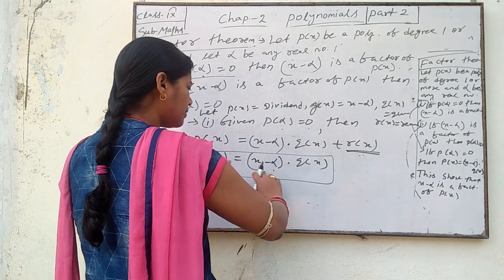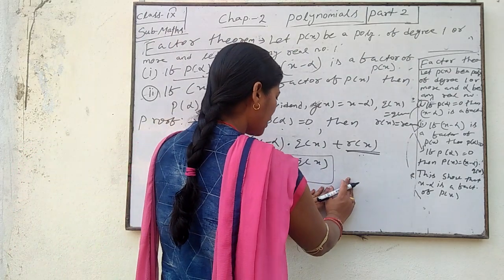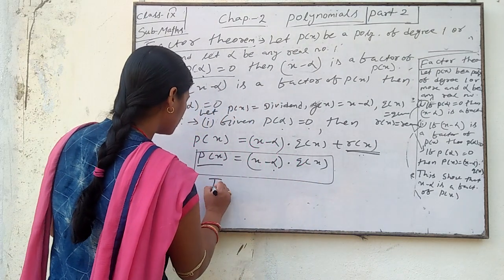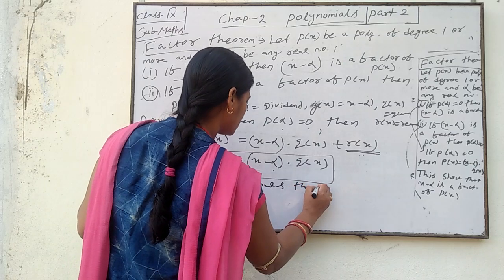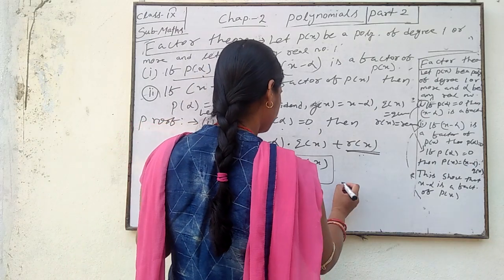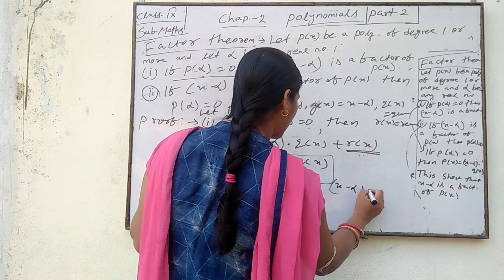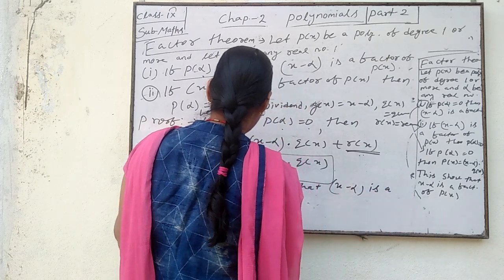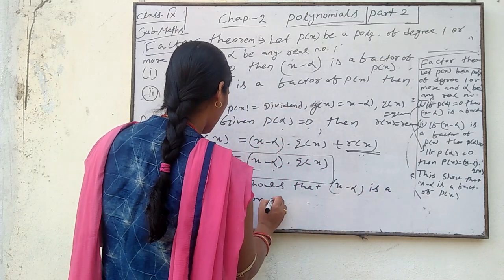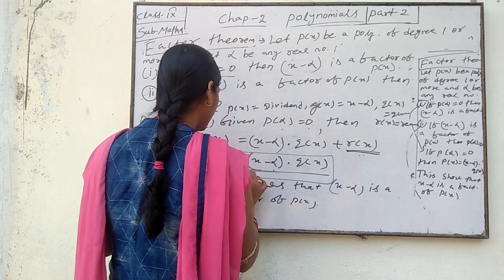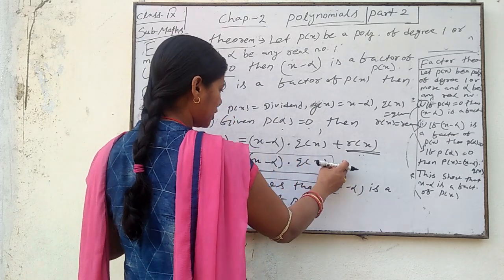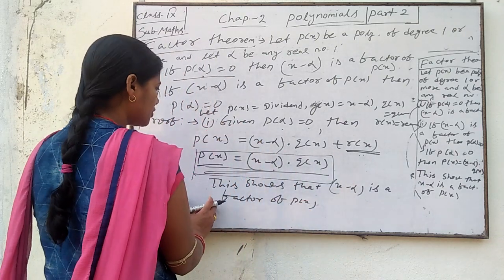It is completely divisible by x minus alpha because the remainder is 0. So this is your first point.